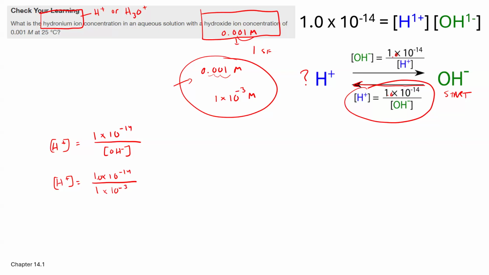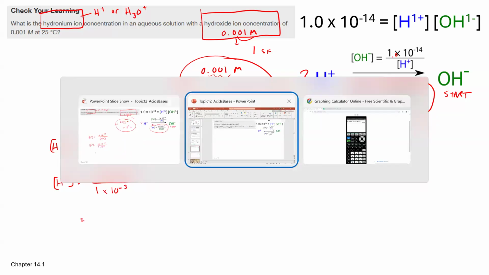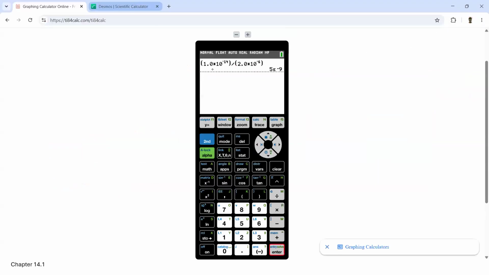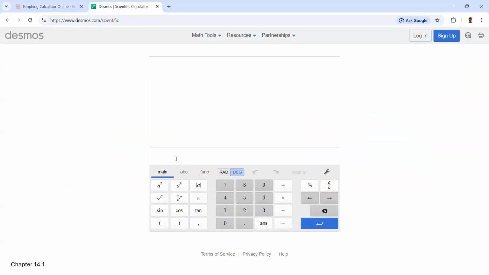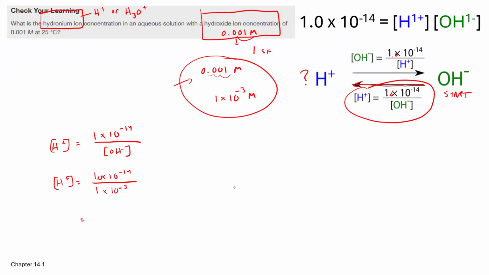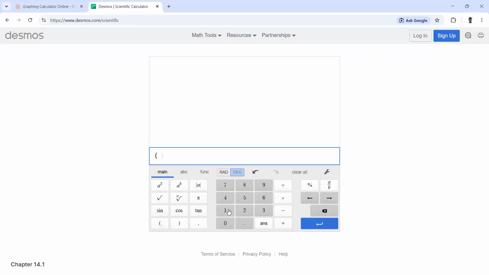Okay, let's try that. Let's put that in our calculator. Let's use a different calculator this time to get some practice at doing both. So let's see, 1, and then again, brackets. So 1.0 times 10 to the negative 14.